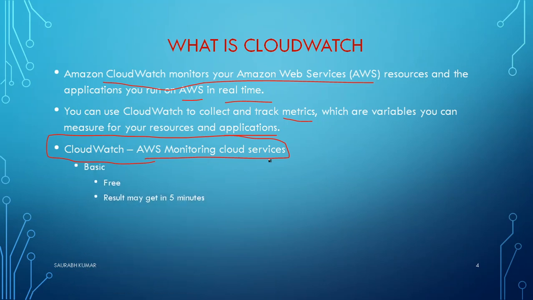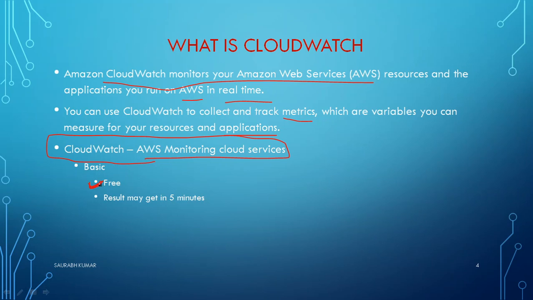Now let's try to understand how we can use CloudWatch. What are the methods? There are two methods, or types, of using it. One is basic, which is free. If you have a free tier account, you can use the basic one for free. There will be no charge to use this CloudWatch service; it is completely free, with no pricing model on it.